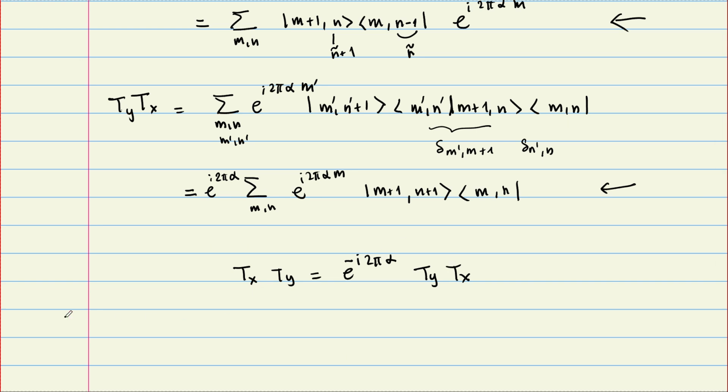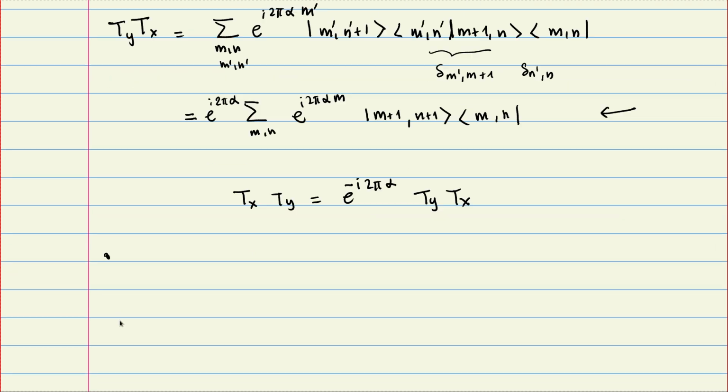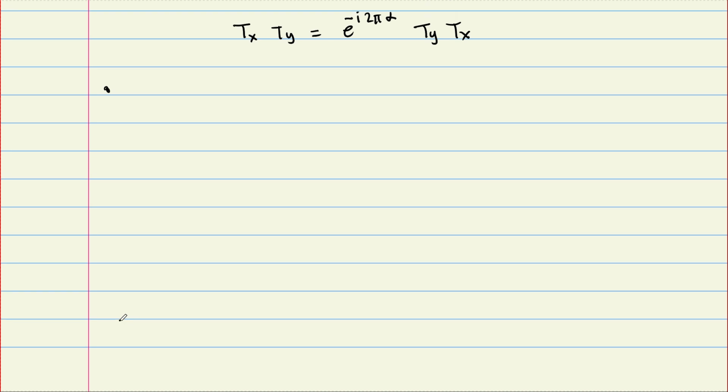Now, if we have translational invariance along y direction, why don't we take Fourier transform, right?